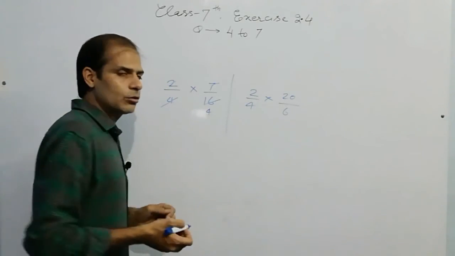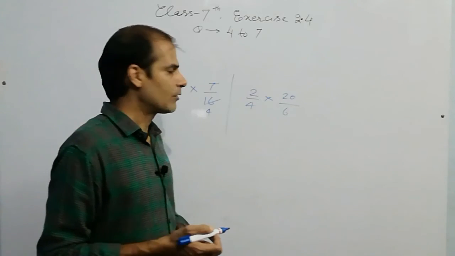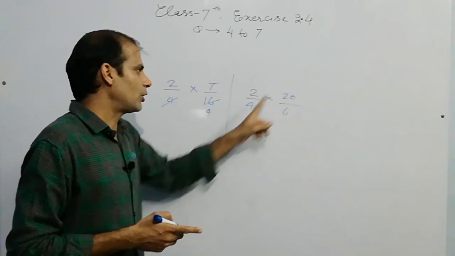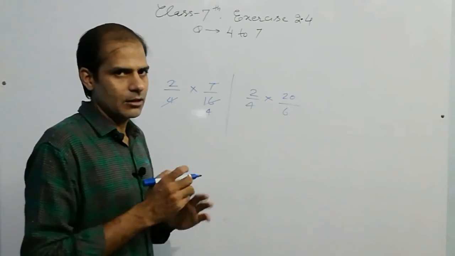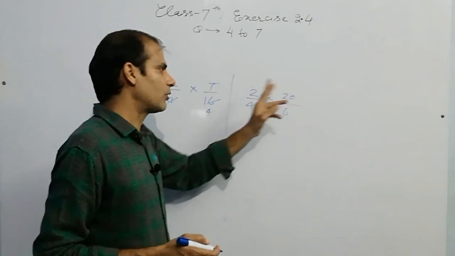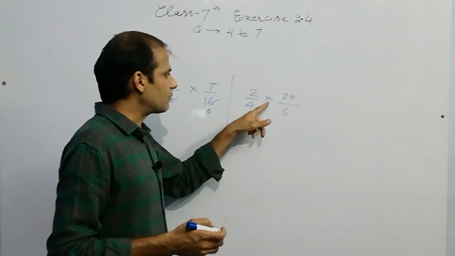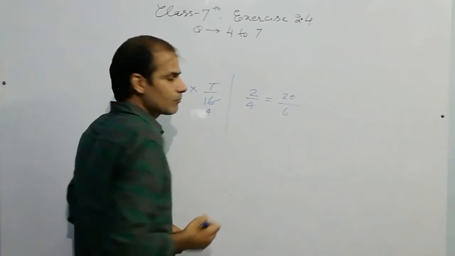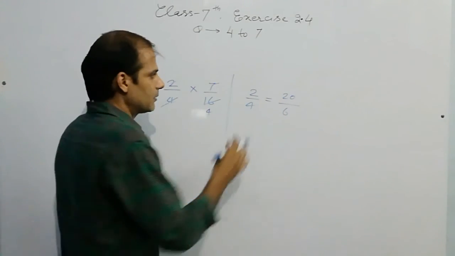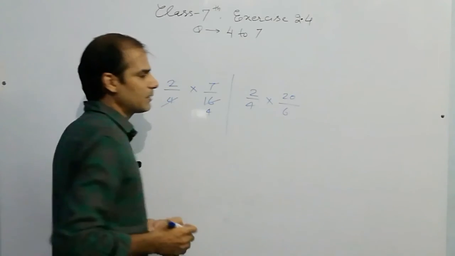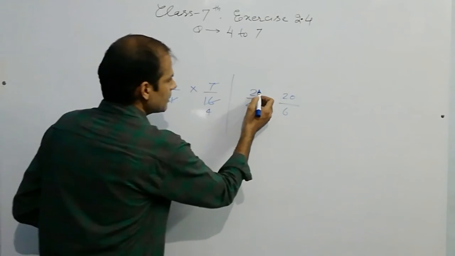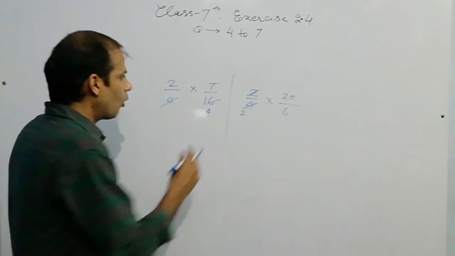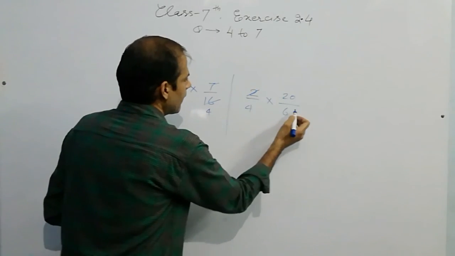Otherwise try to cancel out numerator and denominator. आप इस numerator को इस denominator से cancel कर सकते हैं, या इस numerator को इस denominator से भी cancel कर सकते हैं. कोई फर्क नहीं पड़ता कि ये numerator right side में है और ये numerator इधर left side में, because we are multiplying. If there is an equal sign there is a different concept, but I am going to tell you the multiplication of fractions. तो आप इस 2 को, 4 को divide कर सकते हैं, और you can divide this 6 by 2 also.